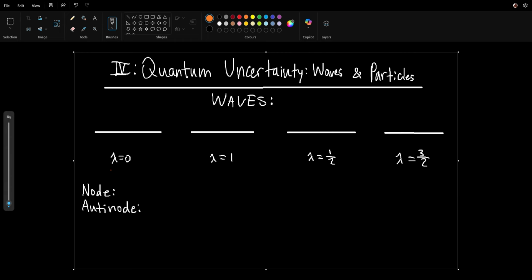We use the sign of lambda, which is kind of like an upside down y, to represent how many wavelengths we're looking at. So let's just look at one wavelength. We'll go from here to here. Then we have an upwards to a crest, back down to the axis, and then downwards to a trough, and then back here.